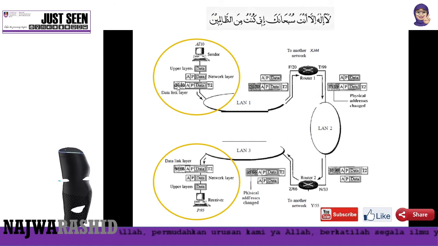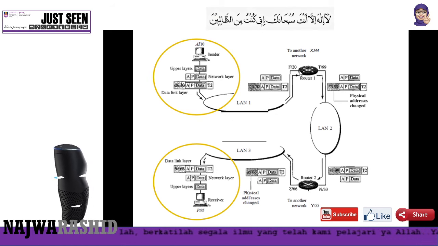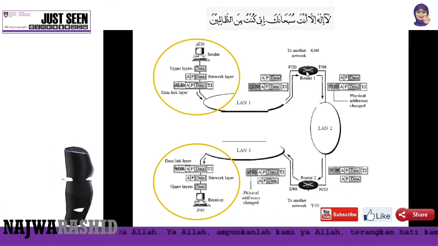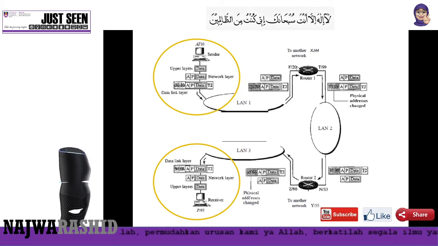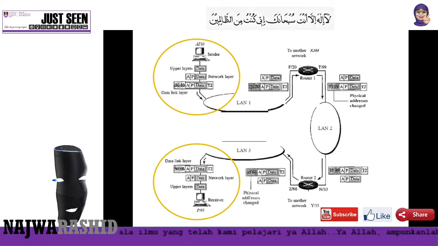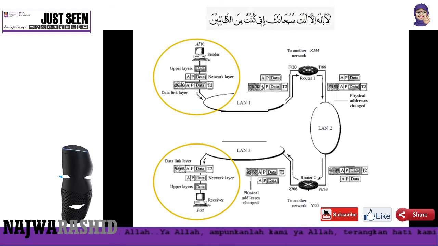Based on this header, we know that the data will travel from this PC to this LAN, and this LAN goes through router 1. Router 1 is 20; here is the physical address of the router. So you go to router 20. At this point it will get advice from the routing table on which path this data needs to go through.